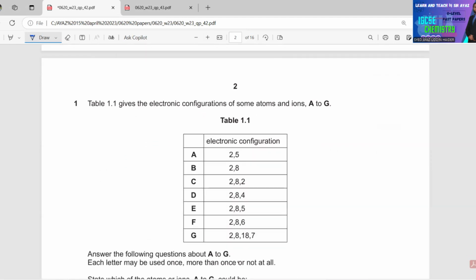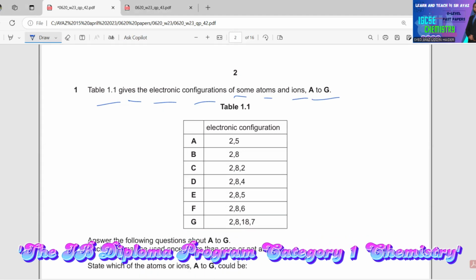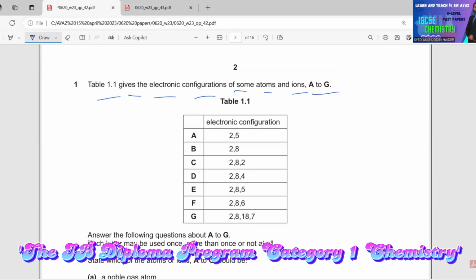Here's question number 1. Table 1.1 gives the electronic configurations of some atoms and ions A to G. Now A till G, these are the electronic configuration of atoms as well as some ions.